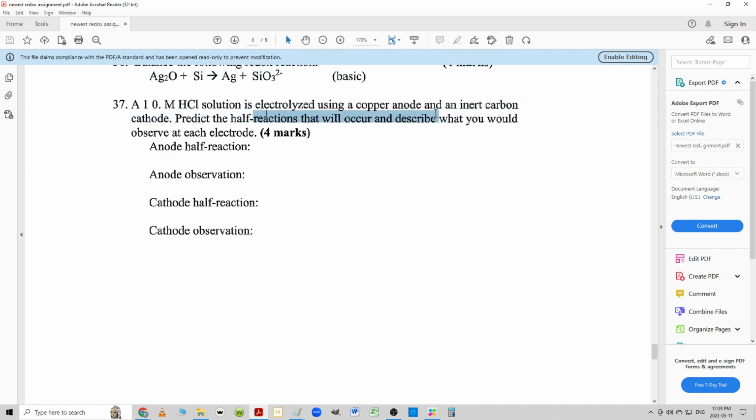Using a copper anode and an inert carbon cathode, predict the half reaction. So electrolyze means we are running an electric current through it. So it's going to be the reverse direction of what would happen between copper and chlorine. The inert carbon has no role at all. It just stays carbon.